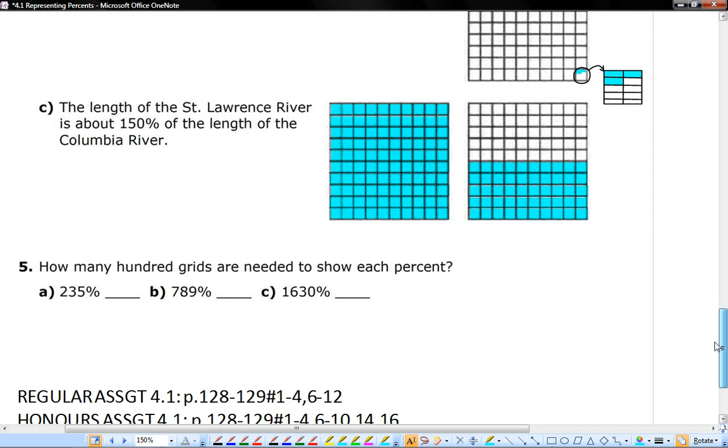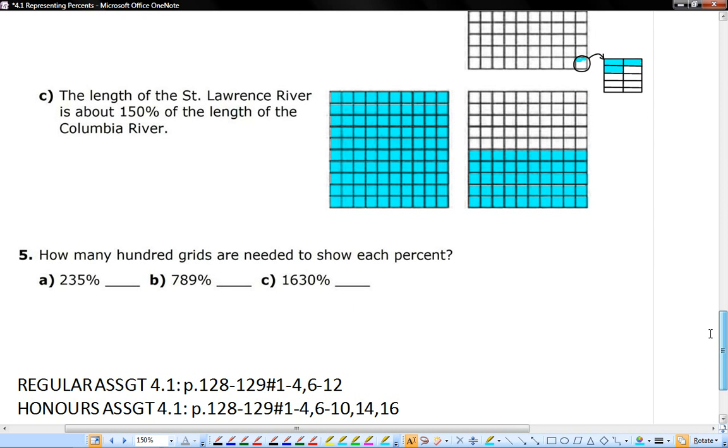And last thing here, let's just take a look at how many hundred grids you would need in each situation. If you're going to represent 235%, for the 200% of it, you'd need 2 grids. And then for the 35%, you need 1 more.